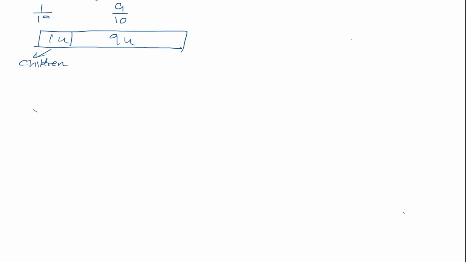And then it says 1/6 of the remaining spectators. Where is the remaining? The remaining is this 9 units. So I just draw it here. That means this remaining I cut into 6 parts. 1, 2, 3, 4.